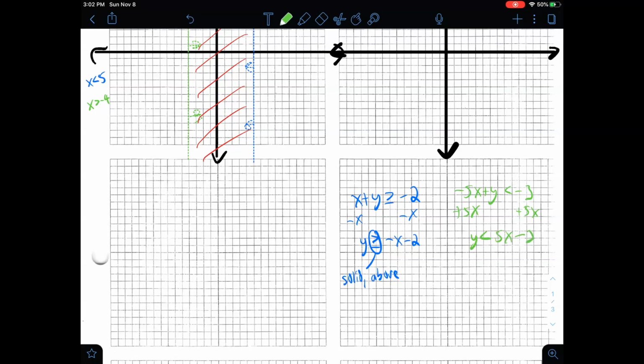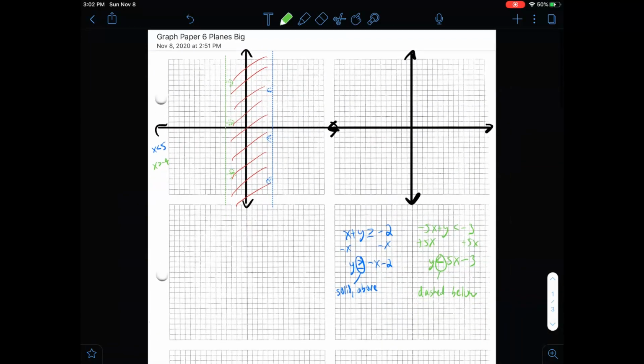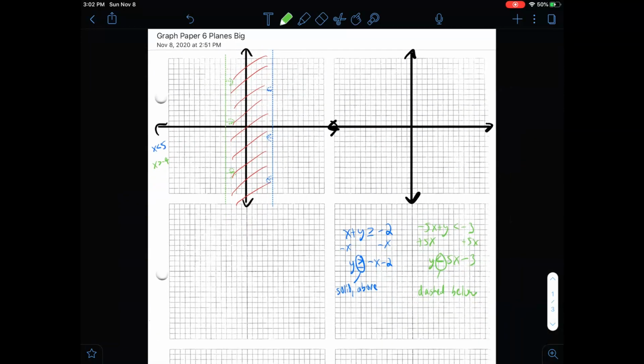We're going to get y is less than 5x minus 3. And that's going to be a dash and below. I'm not going to use the actual dashed line function because it's taking more time than I'd like. So we're going to do y equals 5x minus 3.